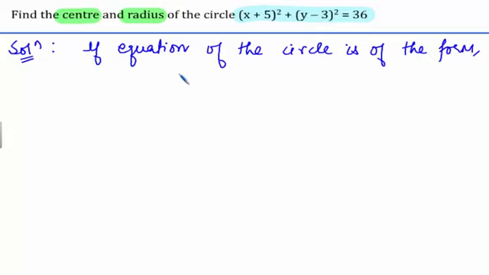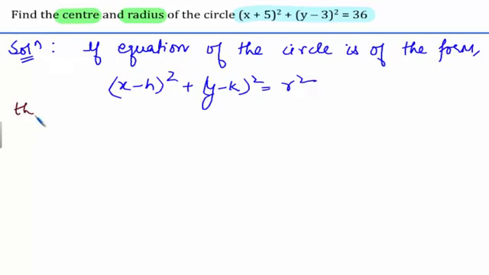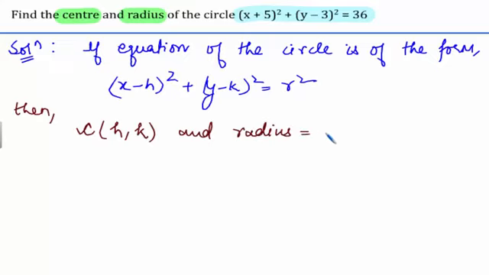We know that if the equation of the circle is of the form x minus h whole square plus y minus k whole square is equal to r square, then the center of the circle has coordinates h and k, and the radius of the circle is equal to r.